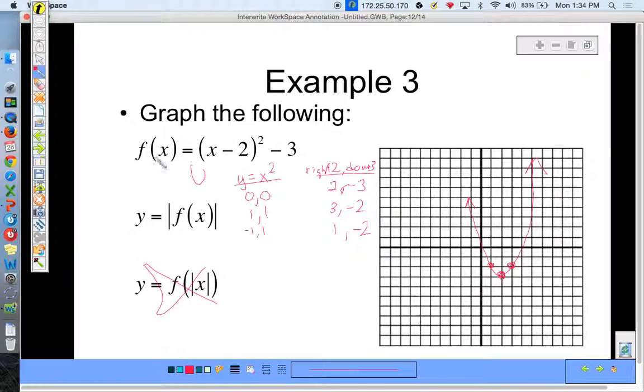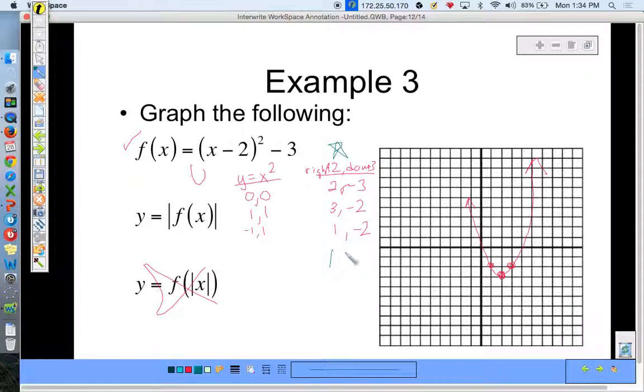So we've graphed that one. Now what is this next one asking? It's saying y equals the absolute value of that function. Well, what do we know about absolute value? That distance from 0. So we'll never have any negative values. So it's taking y equals that absolute value. So let's see. Here's our function right here, but we're taking the absolute value.